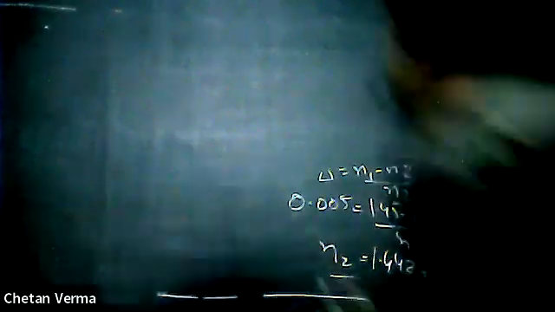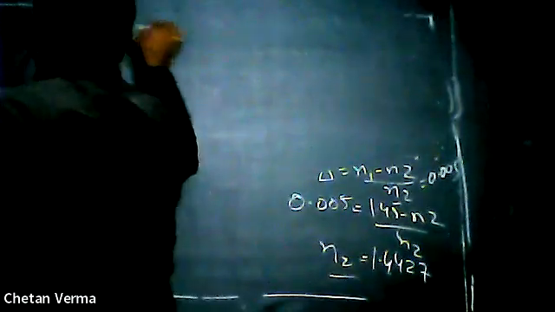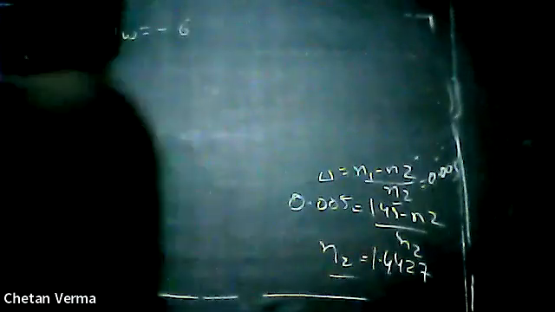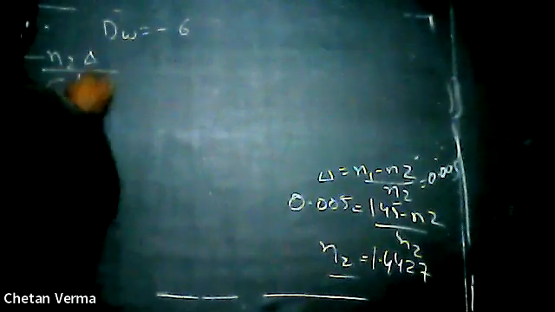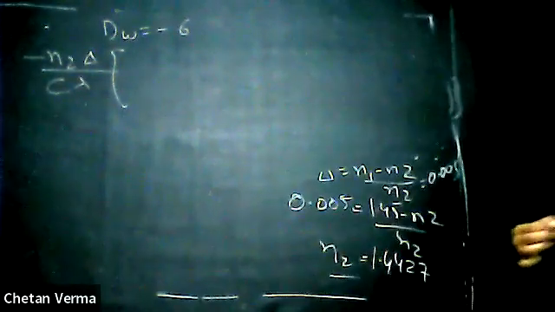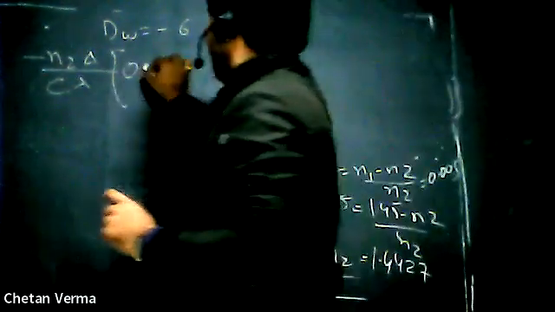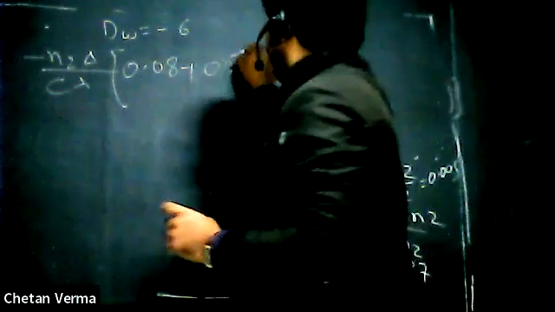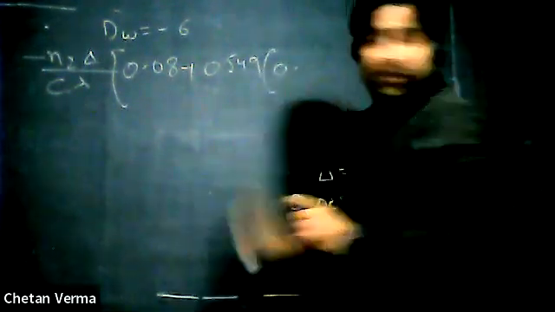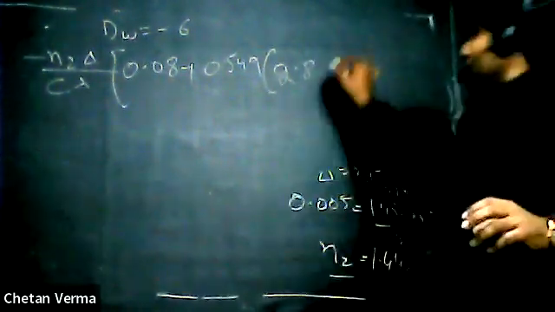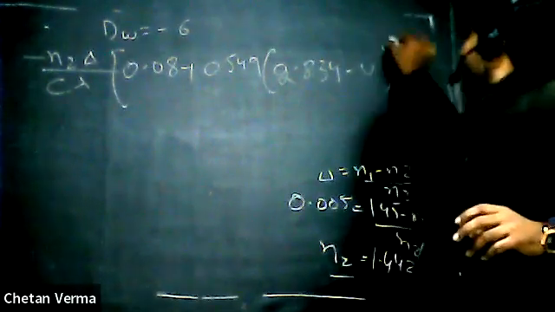Then, according to this, you have to find Dw equal to minus 6. So I have to write the formula of Dw as found in the previous waveguide dispersion. It should be equal to minus n2 delta by c lambda, times 0.008 plus 0.549 divided by (2.834 minus V) whole square.